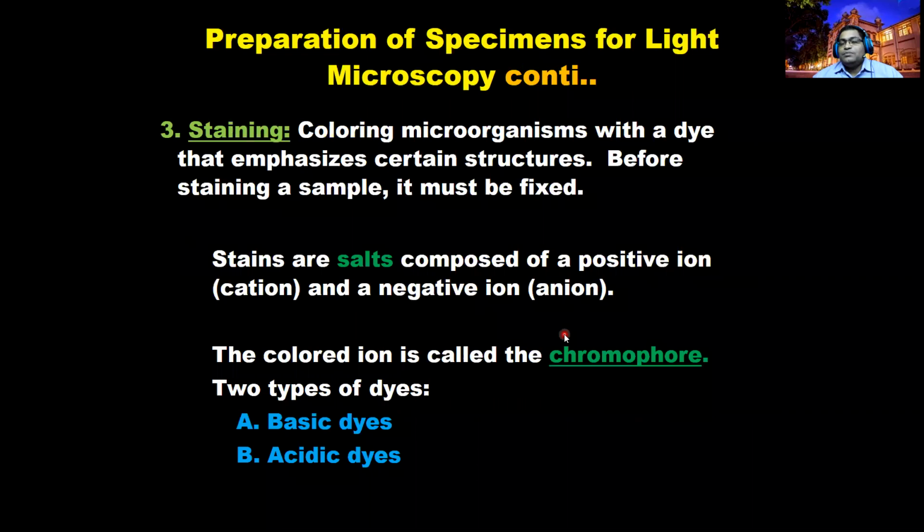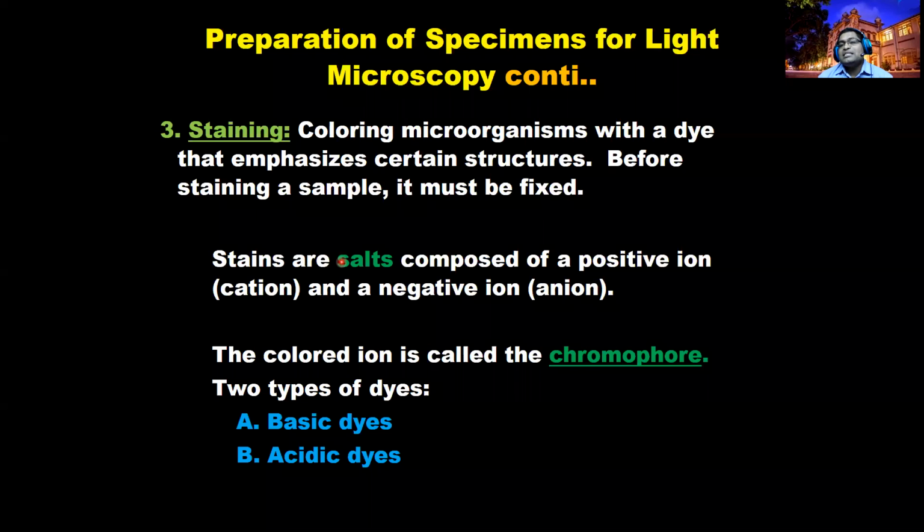Then staining. So the third step is staining. There are different types of stains you can use for different types of microorganisms. After fixing, or sometimes for some microorganism-specific components, you should stain before fixation. You will study that in the coming slides, right?